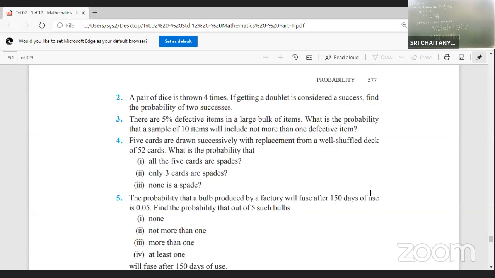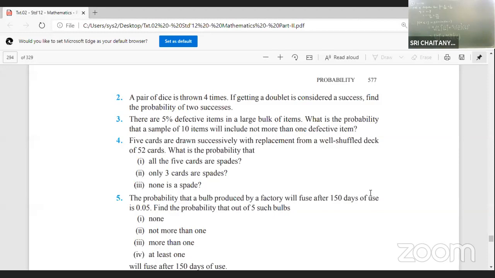5 cards are drawn successively with replacement from a well shuffled deck of 52 cards, right? What is the probability that all 5 cards are spades?